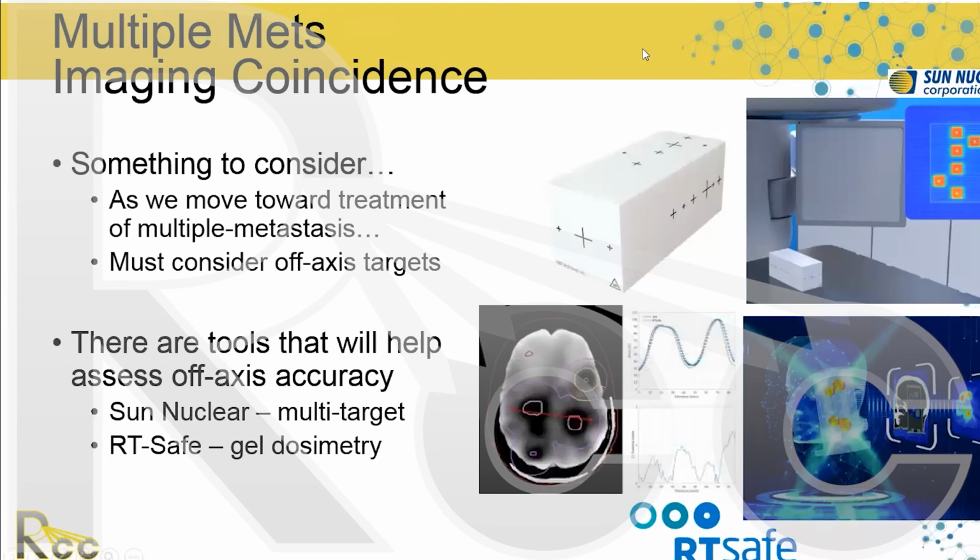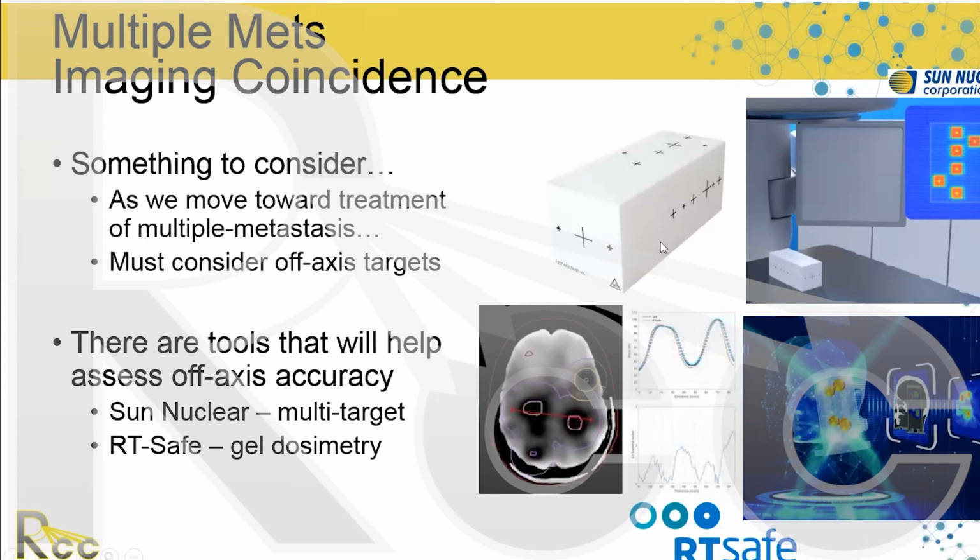Nowadays, more and more, we're moving towards treating multiple metastatic lesions, and this is not the same. You can be perfect on isocenter. That doesn't mean that you're going to be perfect 3 cm or 10 cm out. In fact, they've shown that the further out you are from that isocenter, the greater the uncertainty there is. And to that regard, there are tools to test that.